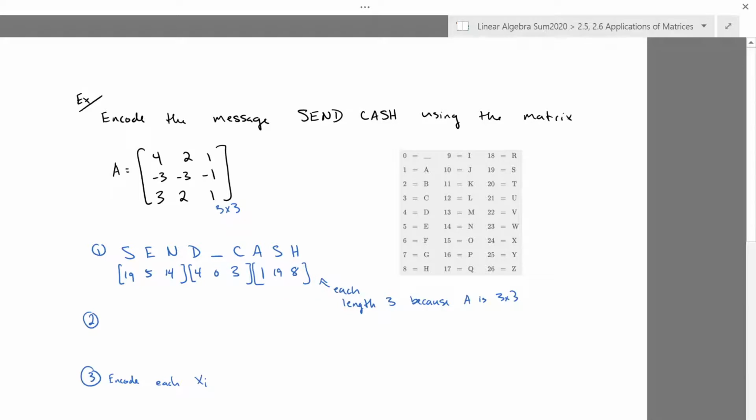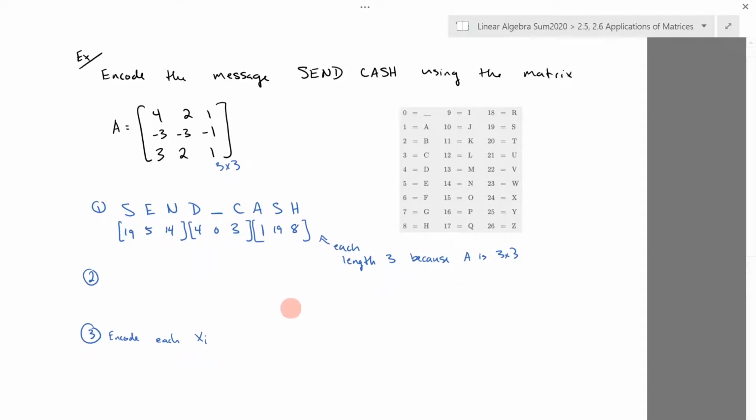These are still unencoded, because it's easy to get the original letters back just from the table. So I have 3 vectors, let's call them x1, x2, and x3.